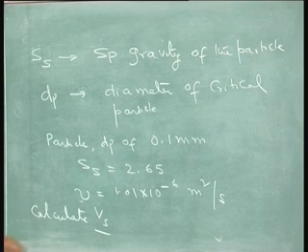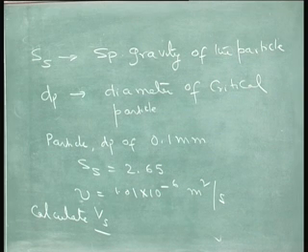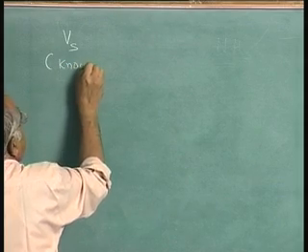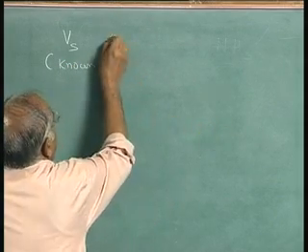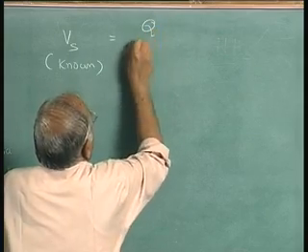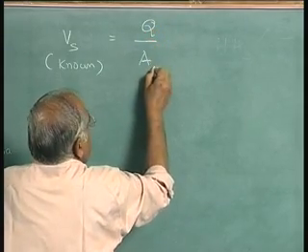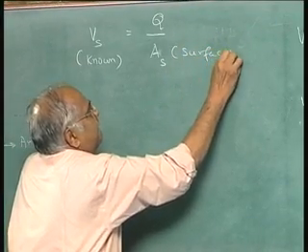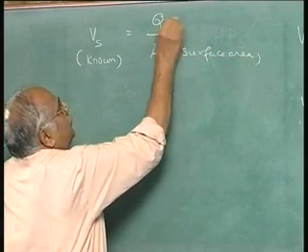Once I compute the Vs, then next I will try to find out, using this equation, Vs is known, that is computed now, and then Q by As, the surface area. So the Q is the flow rate.